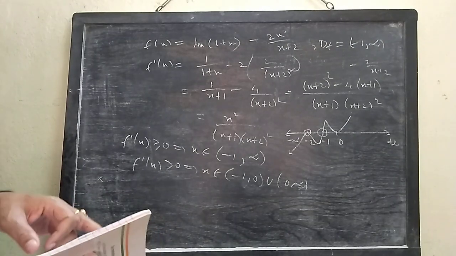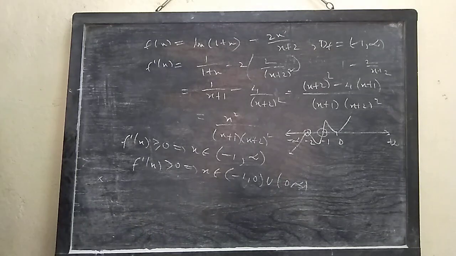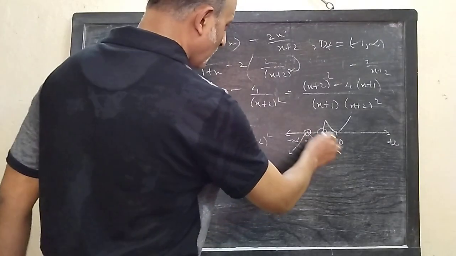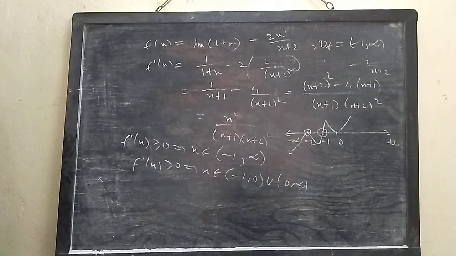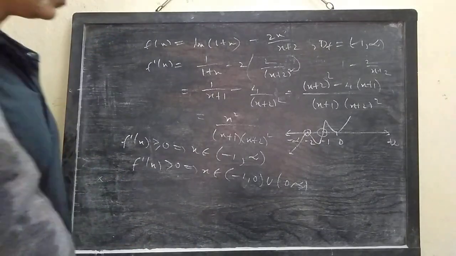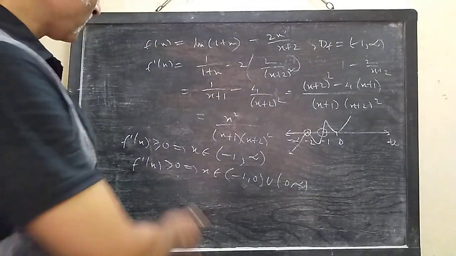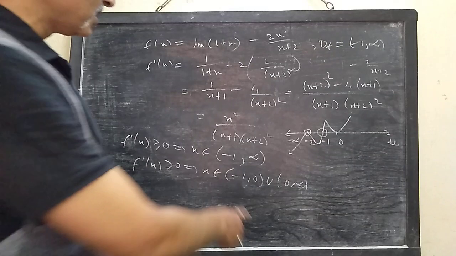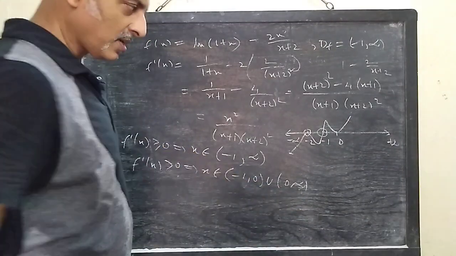Strictly increasing on -1 to 0 and 0 to infinity. And in this portion -2 to -1, which is beyond the domain of definition of the function, the function will never be decreasing because this is not within the domain of the function. So here the function will be only increasing: simply increasing in this and strictly increasing in this. Okay.